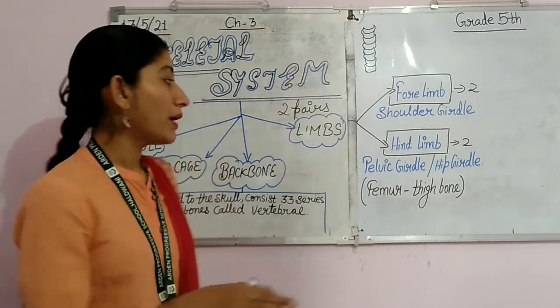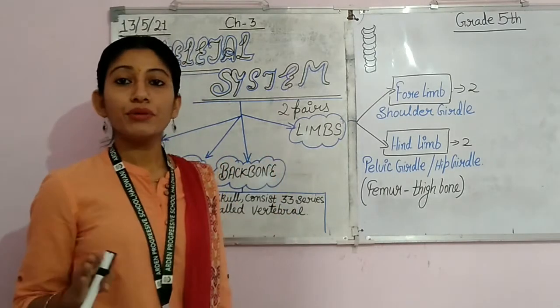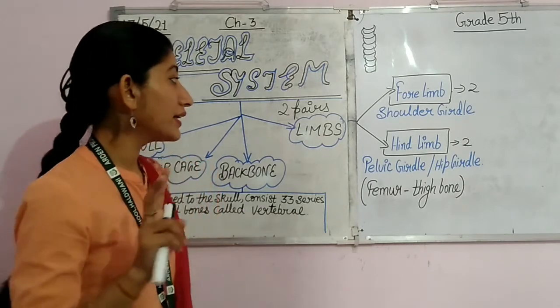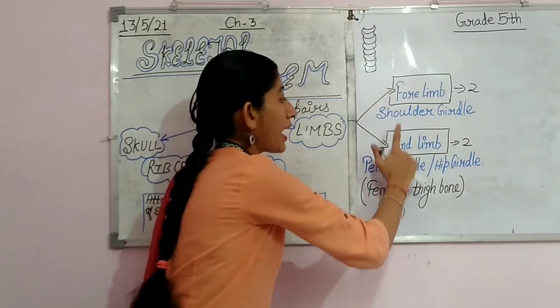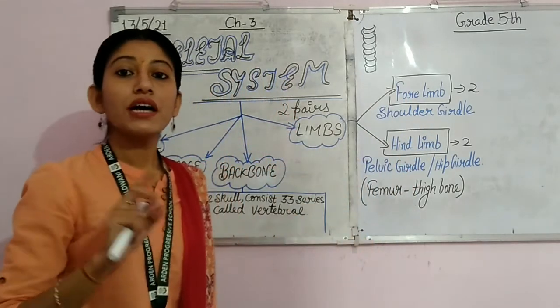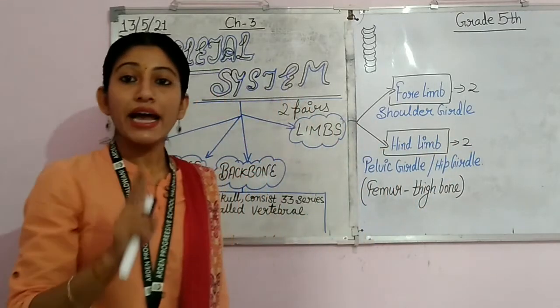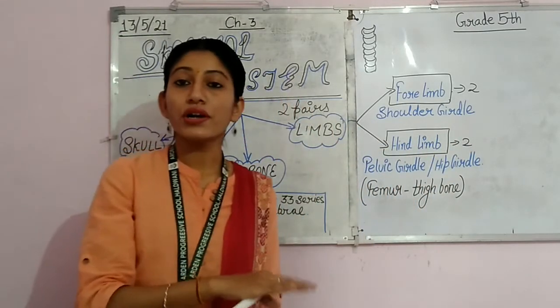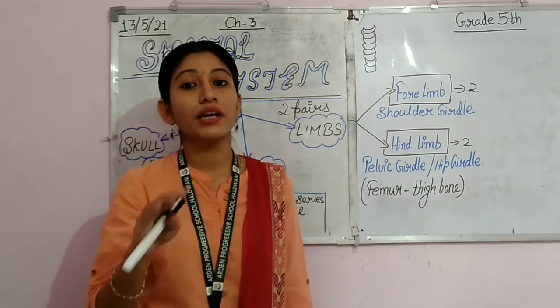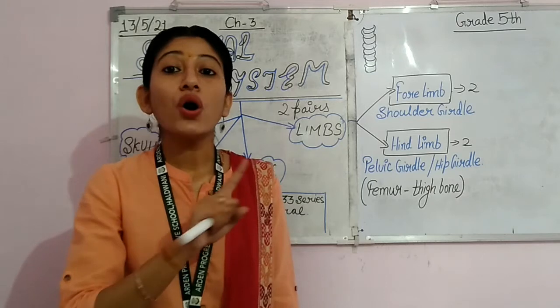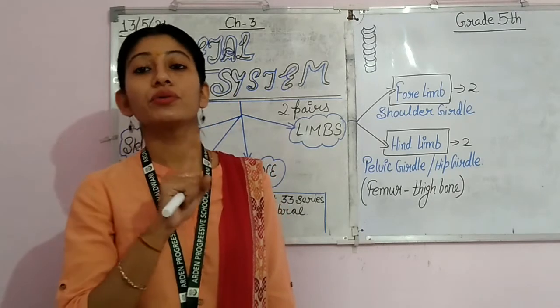Then we come to know about the limbs, that in the human body there are 2 pairs of limbs and their names are forelimb and hind limb. Forelimbs are 2 in number and hind limbs are also 2 in number. Both have to connect to our spine, but they cannot be connected directly to the spine.